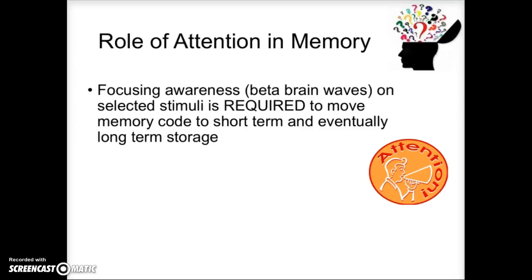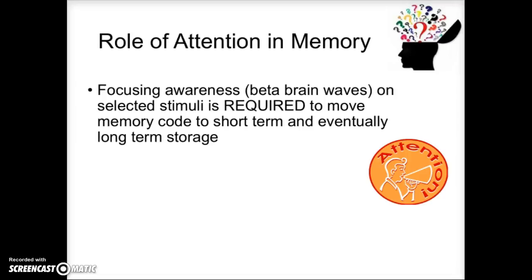So when we talked about variations in consciousness earlier, we talked about how you can have two different types of awake brain waves. There are beta brain waves, which is awake, alert, and focused, doing problem solving.